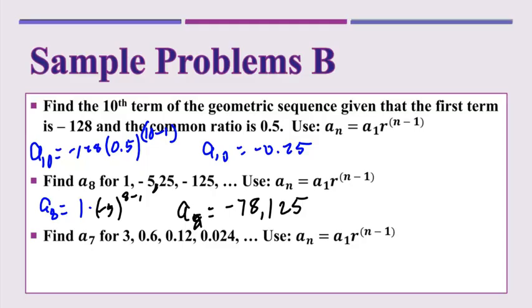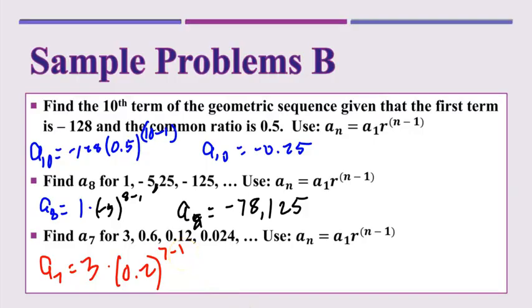Then next one, find the 7th term. So a subscript 7 equals the first term of 3, times the common ratio. Here I would do 0.6 divided by 3, and I'll multiply it by 0.2, so times 0.2 raised to the 7 minus 1 power.